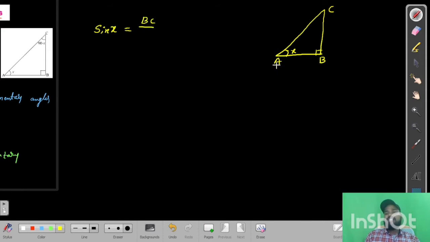Our sin theta formula is opposite by hypotenuse. Remember it. So BC is the opposite. Hypotenuse is AC.